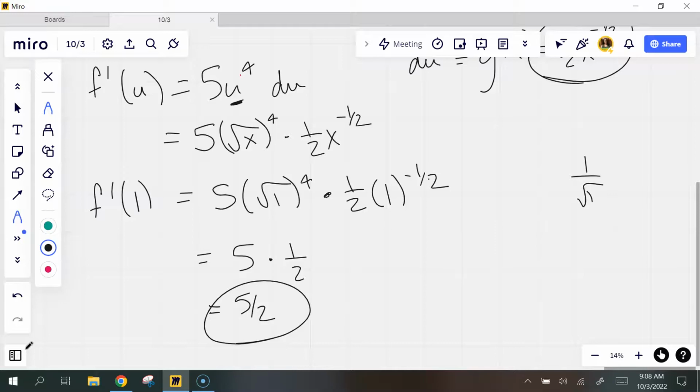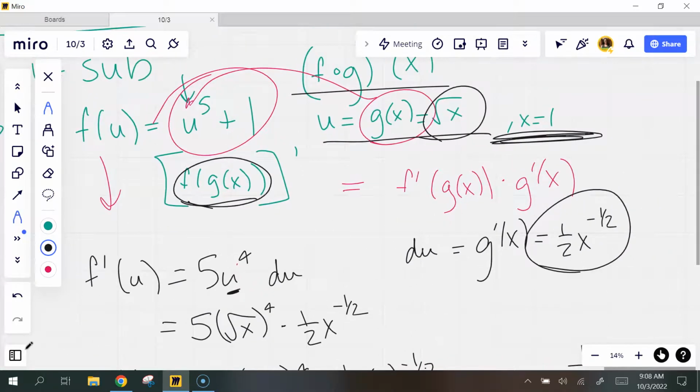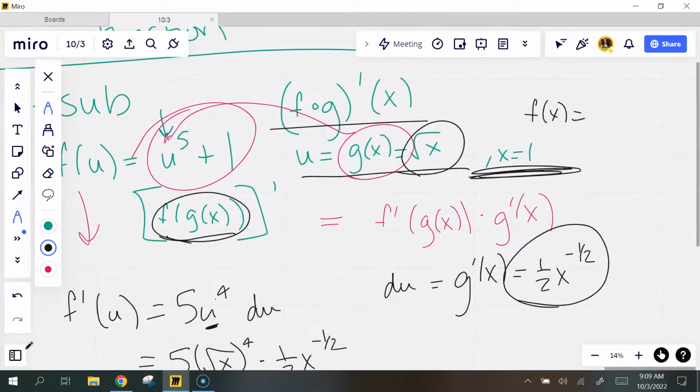So I'm not going to force you to do it this way, but this is the way it's laid out in here. It's a good thing to start getting familiar with it, but if you're just going, what in the world, I'd rather just do this and plug it in, that's okay too. So if you wanted to do f of x is equal to the square root of x to the 5th plus 1, and then do the derivative, you get the same thing.